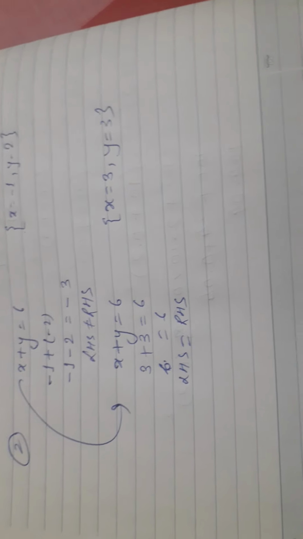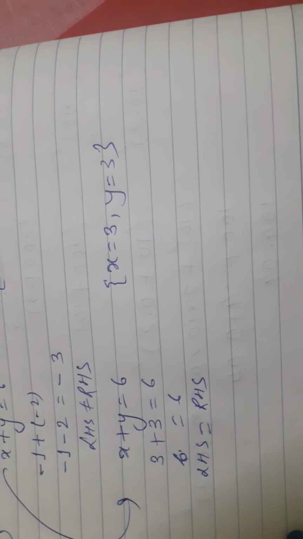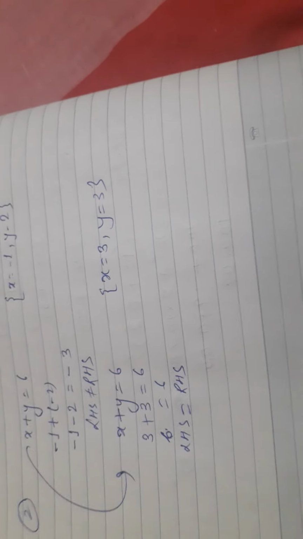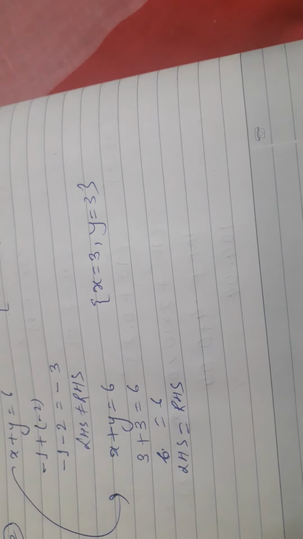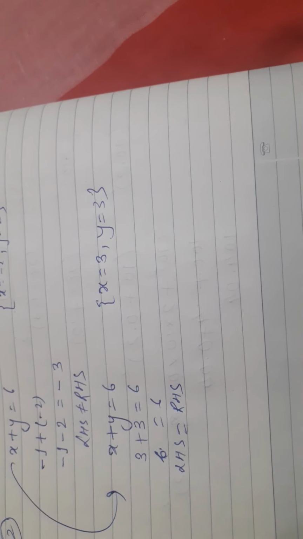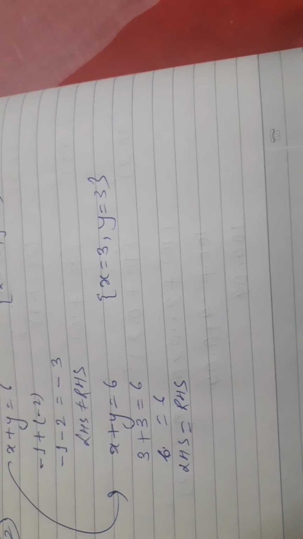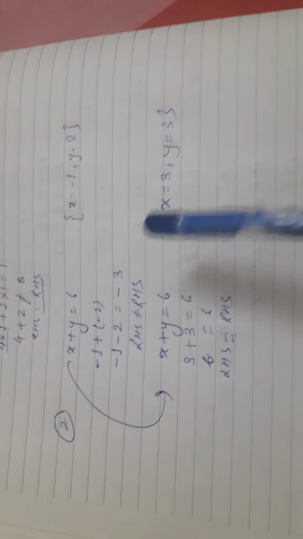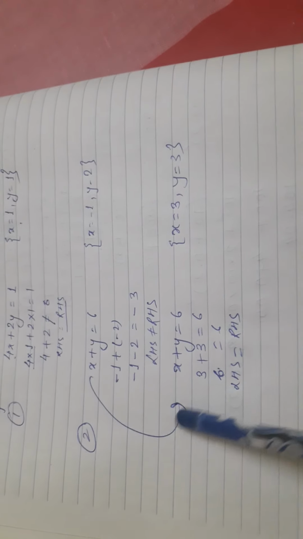Only then will we get the value of LHS and RHS the same. So this is an equation. It is not an identity.